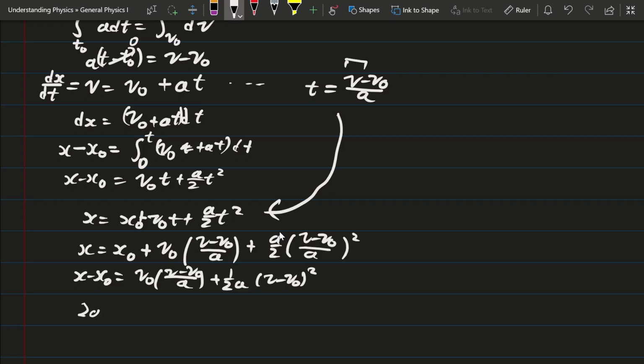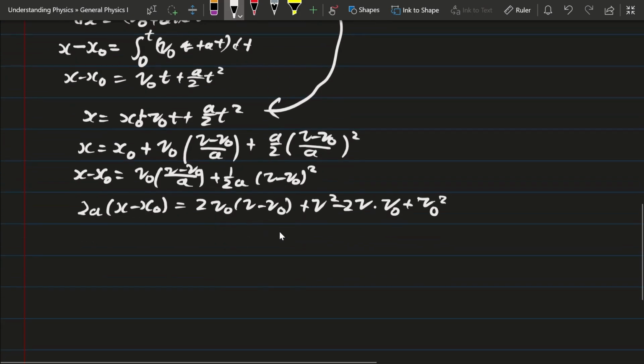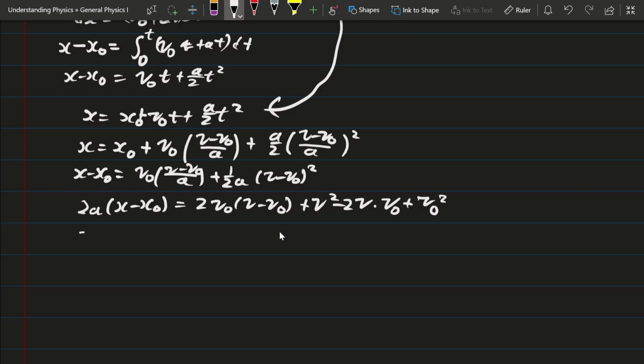So we would be able to obtain 2a(x minus x0) to be equal to 2v0(v minus v0) plus, and let's expand this straight away, v squared minus 2v times v0 plus v0 squared. Okay, this seems reasonable.